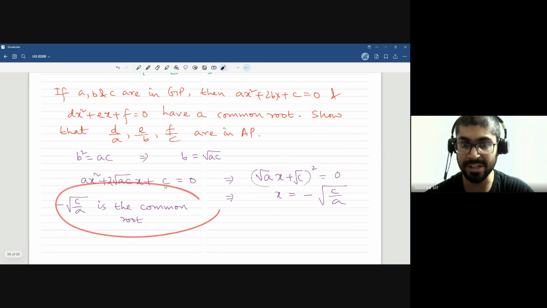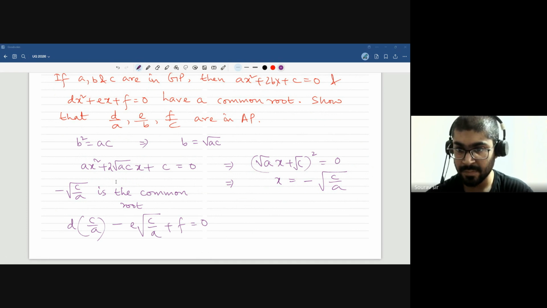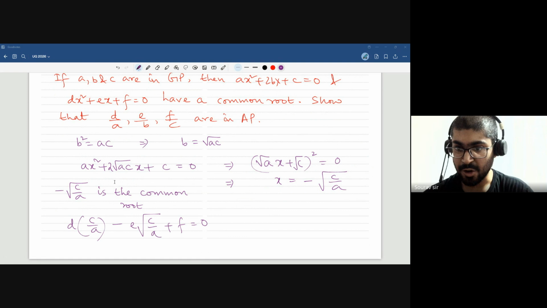So what happens if you put that in? You will get d into c by a minus e into root c by a plus f is equal to 0. Agree? Yes, sir. So you can just put that on the right hand side.